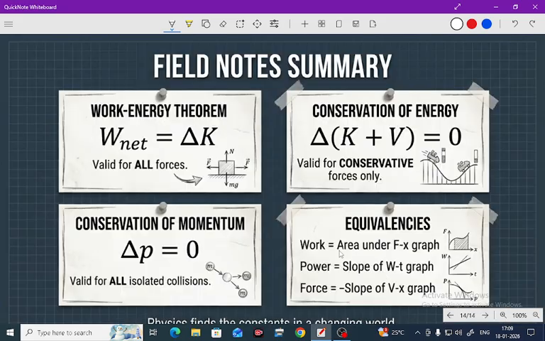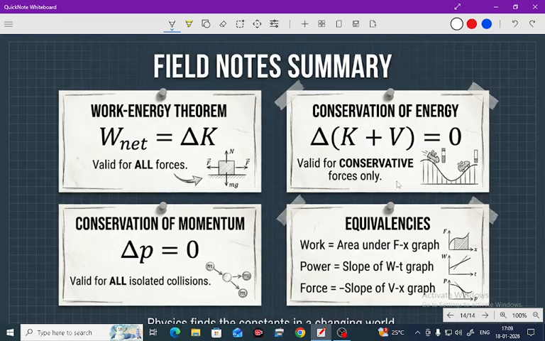The next important thing is the field notes summary. What is the work-energy theorem? Total work is equal to the total change in kinetic energy, for all forces. Conservation of energy: the change in kinetic plus potential energy equals 0.